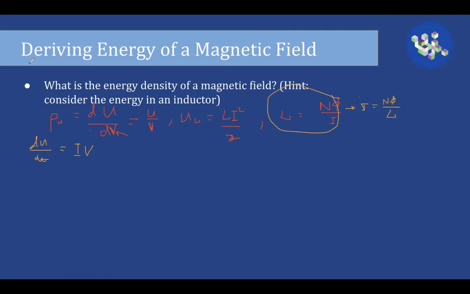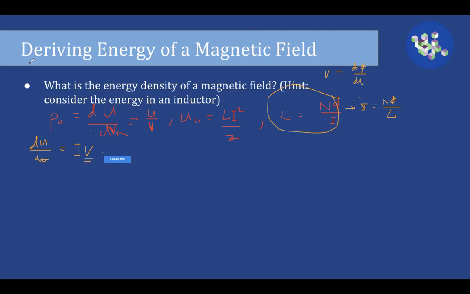Now for V, remember we had Faraday's law, where V, or basically your epsilon, is d phi over dt times the number of loops. Some people put the number of loops in the phi, but let's just call it d phi over dt for now.